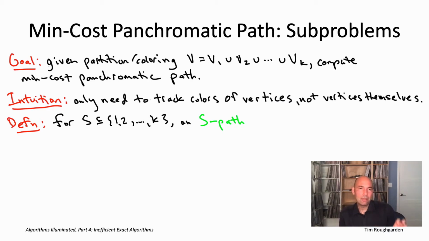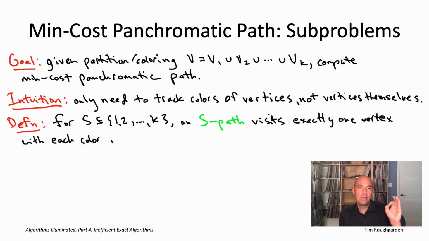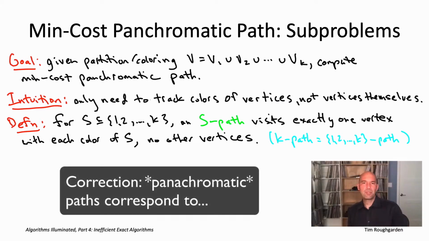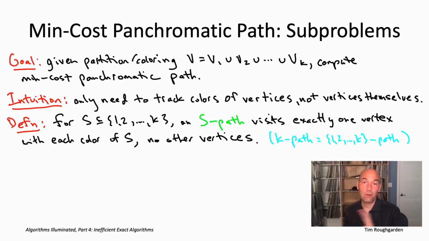An S path is going to mean a path that visits vertices with colors in capital S, exactly one vertex with each of the colors in S, and does not visit any vertices that do not have colors inside of S. So for example, if S corresponds to the colors red, yellow, and blue, an S path would be a path that visits exactly one yellow vertex, exactly one red vertex, and exactly one blue vertex. Note that k-paths correspond exactly to the capital S paths, where capital S is the set of all colors, the set of all of 1 through k.